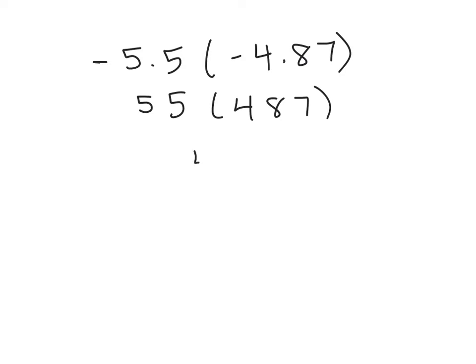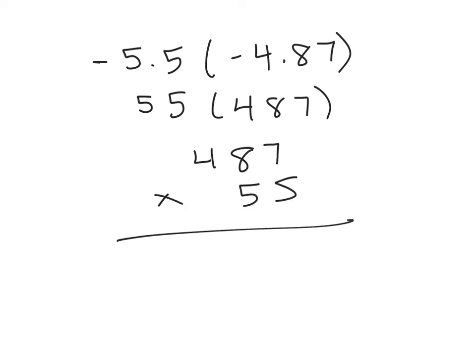I like to put the bigger number on top when I multiply because that just leaves you less steps. But you can do it either way. You can put the 55 on top or the 487 on top. And I'm going to go ahead and multiply this.